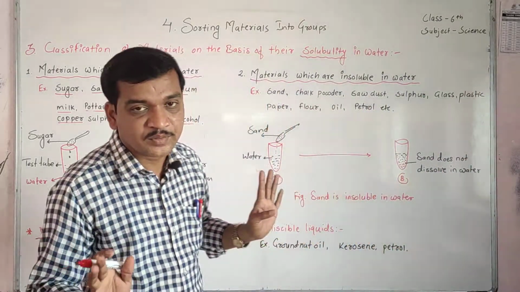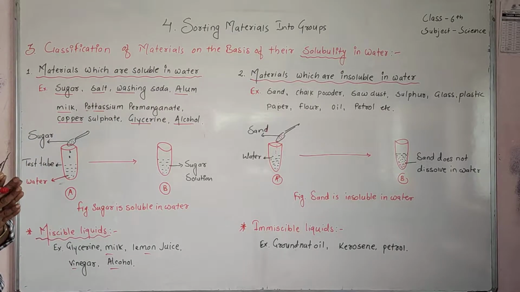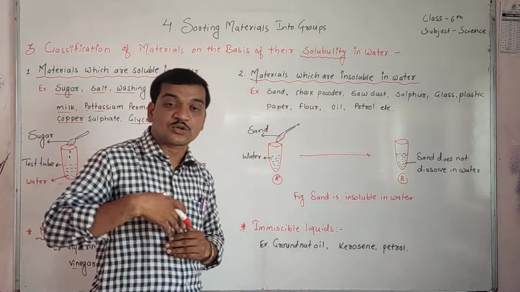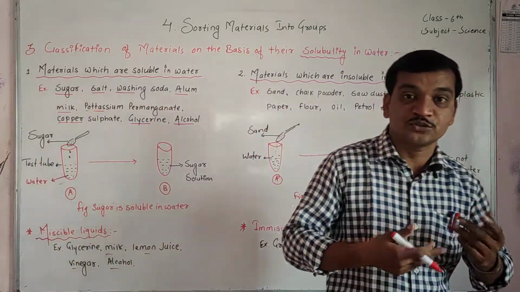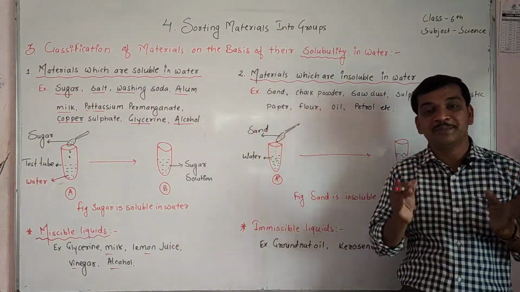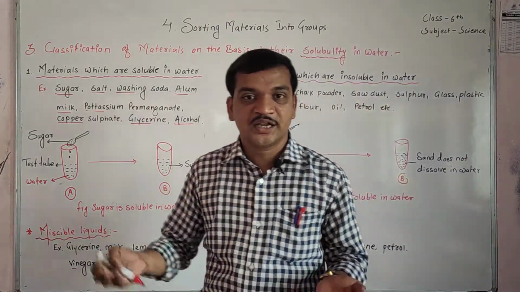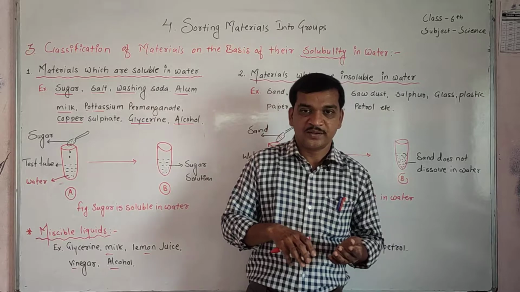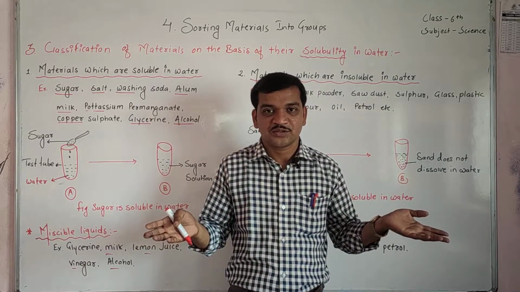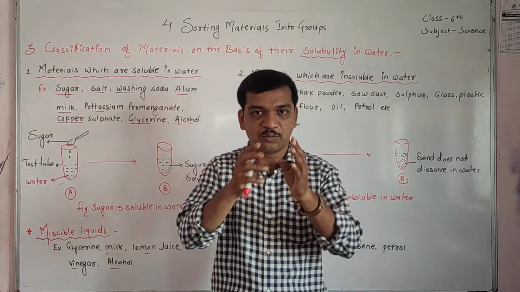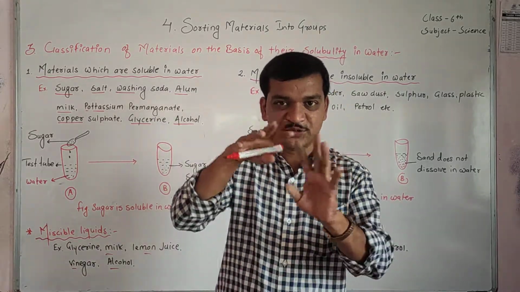Soluble and insoluble. Now we'll go to the next part, miscible liquids. There are some liquids which are soluble in water, which means they dissolve in water. For example, milk and water. If you pour water into milk, you cannot separate them; you get one homogeneous, mixed solution.